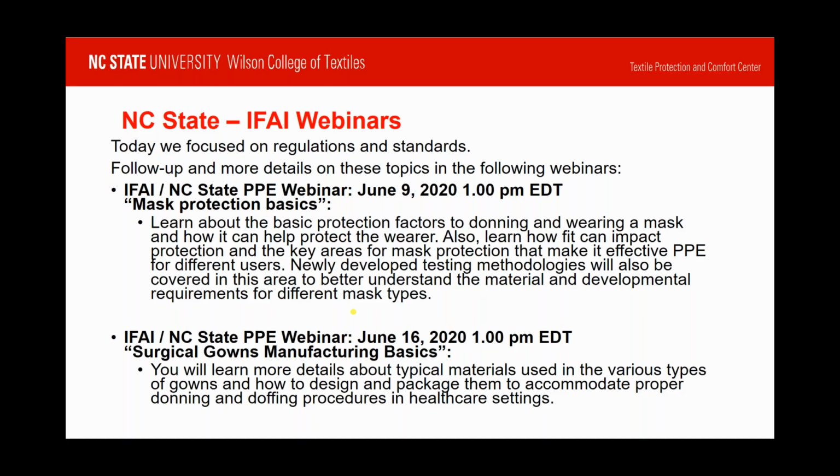Okay, thank you. Next question is, what are the key differences in testing process between ASTM F2100 and EN 14683? The differences are not huge. I think they're similar. The breathing resistance is slightly different. The filtration particle size is slightly different. I think the 1489 is a range between 0.3 and 1 micron.